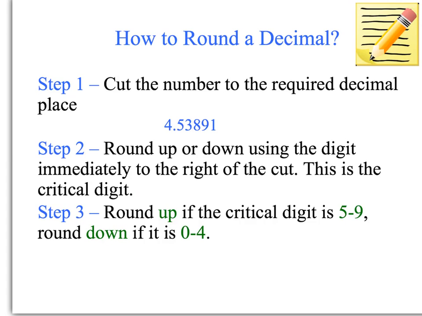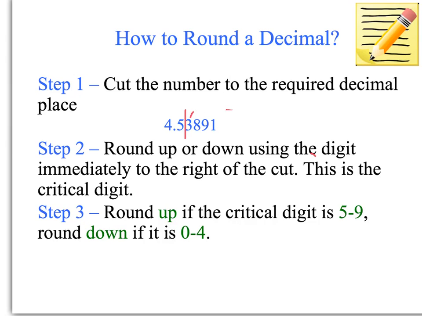So if we wanted to round this number to one decimal place, so just say I want to round it to tenths, I would cut the number after the tenths place. And then the number after the cut is the critical digit. Okay, so that's step 2. So first of all, I cut the number, then I identify the critical digit.